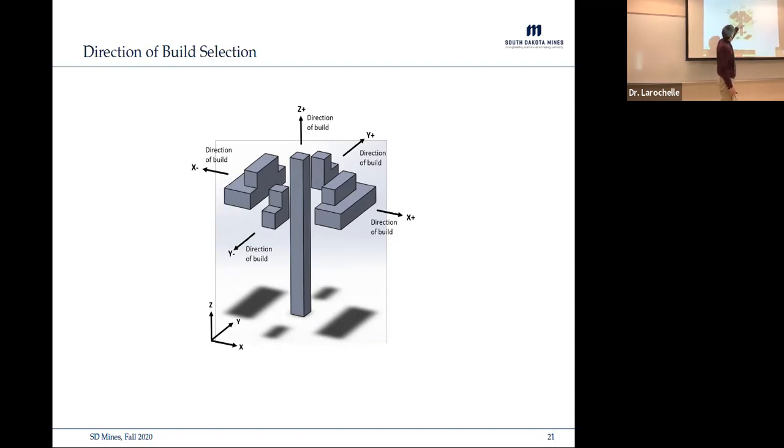This part's going to be started with that rectangle back there and growing this way, and then growing in the positive y, and then this segment's going to be growing in the x direction. So you can see that the actual printing is going to happen in multiple directions to yield the part. And of course, there are no support structures or anything like that. It's just going to be free-form printing in 3 dimensions.